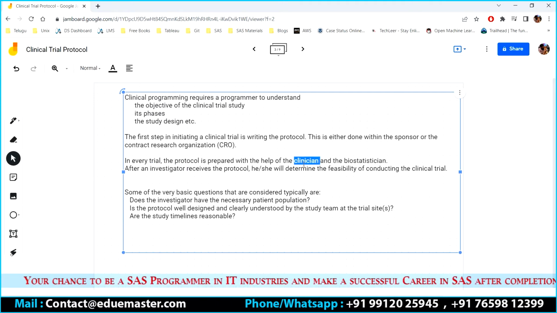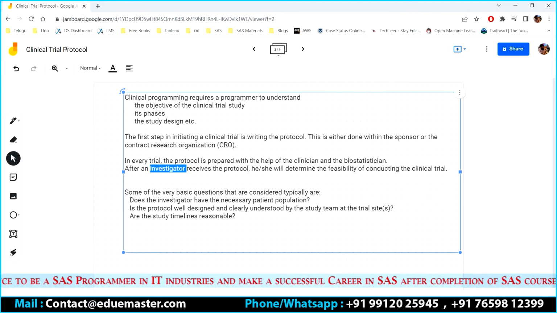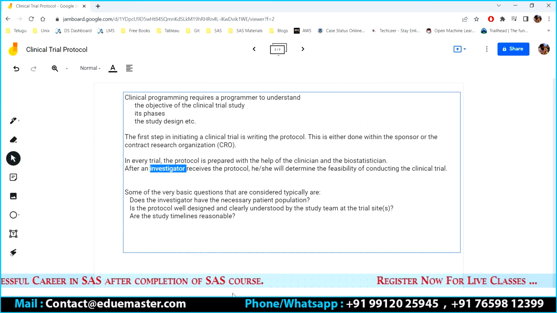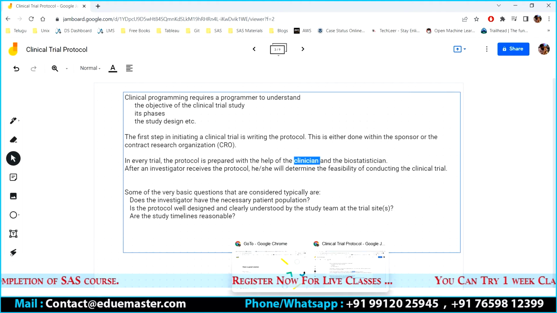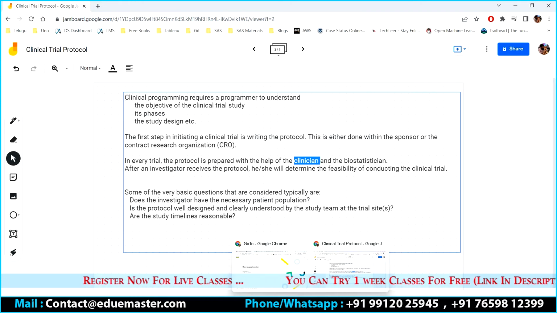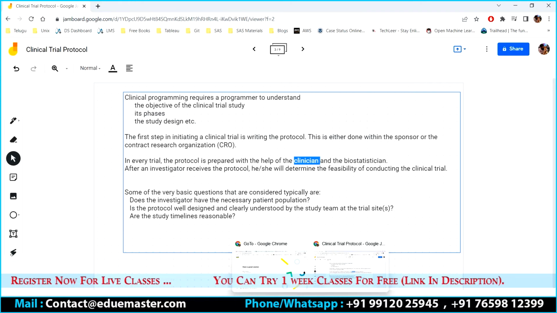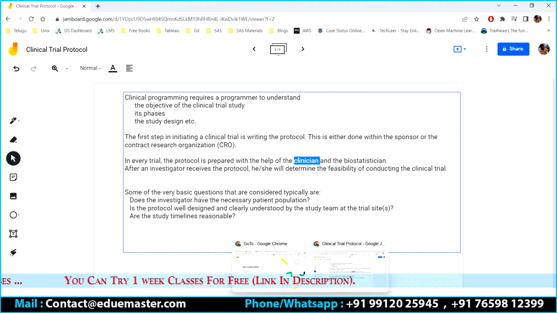Again, you may say, Murli, why do you have two different names? You have something called clinician and something called investigator. Is there a difference between them? If you strictly ask, there is a difference. A clinician is the one who will take care of the patients, and may directly or indirectly contact patients.